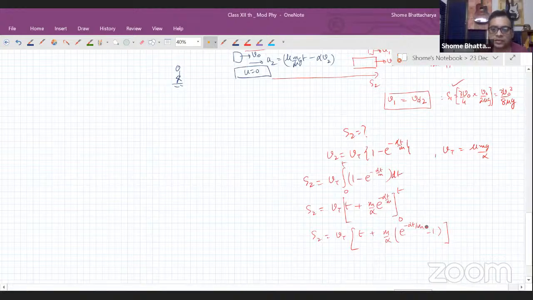Now again, assuming that alpha t is small compared to 1, we will equate this with minus alpha t by m.